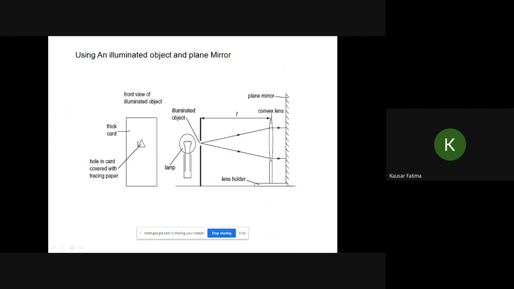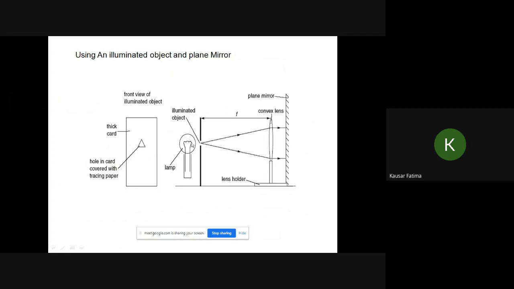That is why to make the illuminated object we usually draw a triangle. A square has symmetry, so you can't identify whether it's the image or the object. In the same way, you can cut a circle, and if you have a circle you can use a set square, cross wire in the circle.